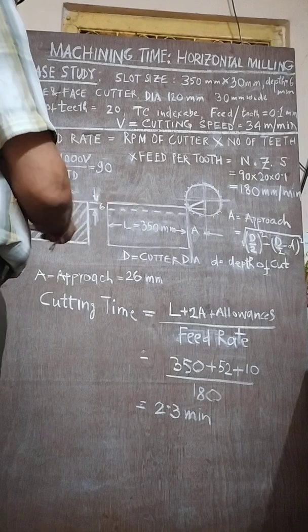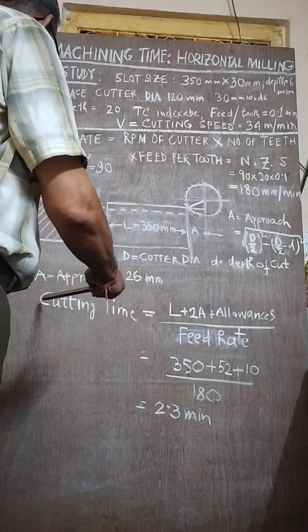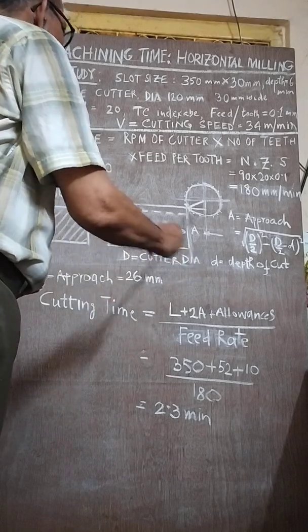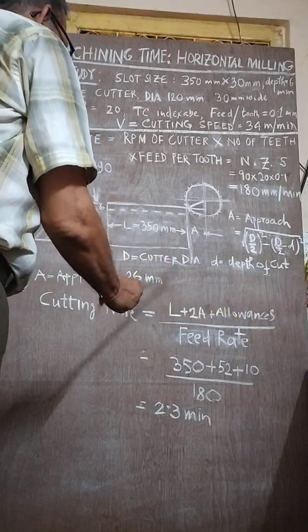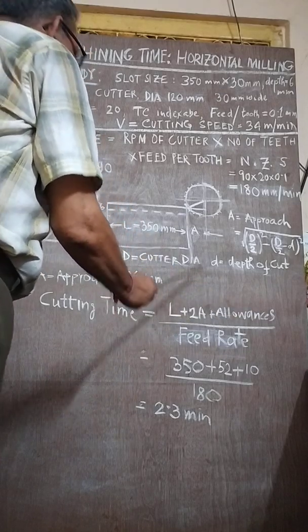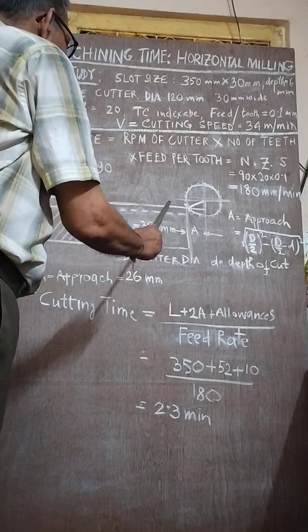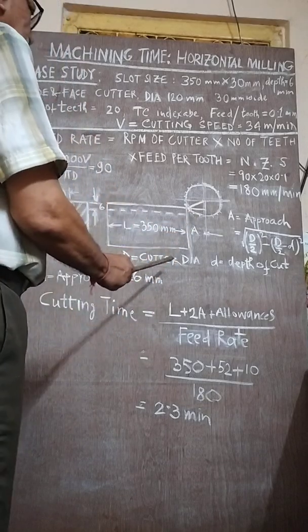Now, if the feed rate of the machine is found, we can calculate the cutting time from the standard formula. This is the total length of cut, and this is the length of the job. We have to find out the approach. When this is the depth of cut, the tool has to start a little ahead of it, that is called the approach.